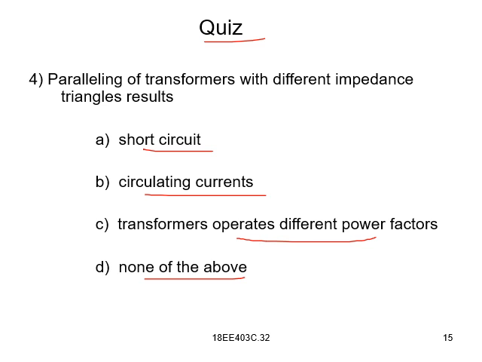Paralleling of transformers with different impedance triangles results. I think it's C. Transformers operate with different power factors. Let us see. No, I think it's wrong. It produces circulating currents.